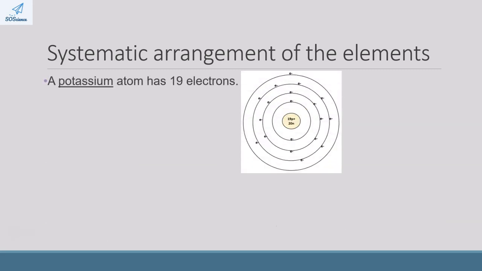And let's look at potassium. Potassium has 19 electrons, so its first energy level is full with 2 electrons. Its second energy level is full with 8 electrons. Its third energy level is also full with 8 electrons. And the fourth energy level carries the 1 valence electron that potassium has.